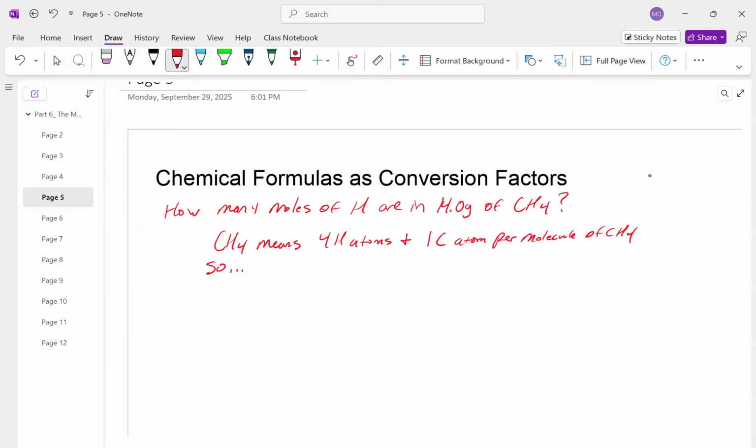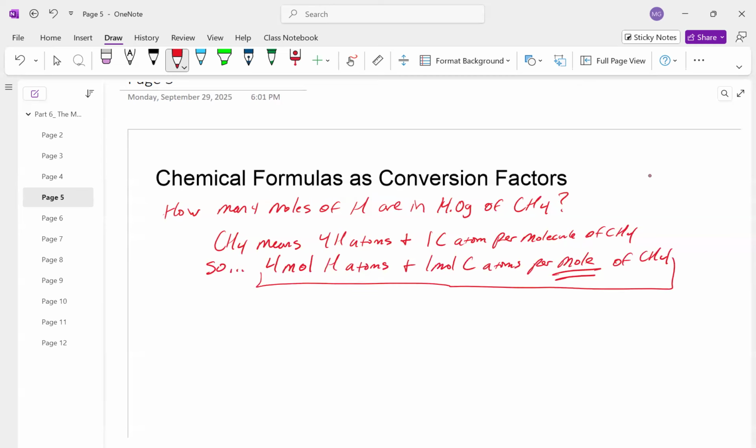So if I had a mole of CH4, that means I would have four hydrogen atoms, 4 moles of hydrogen atoms, and 1 mole of carbon atoms per mole. Notice I'm not saying molecule, per mole of CH4. I can use this right here as conversion factors.